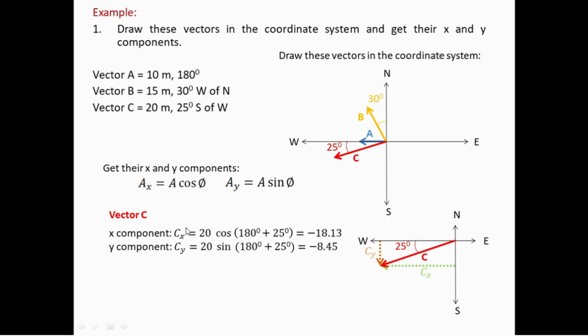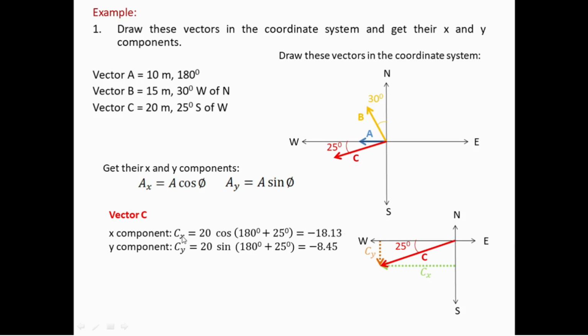Therefore, to calculate the x component of vector c, we have here the 20 meters, which is the magnitude of vector c, times the cosine of 180 degrees plus 25 degrees, and this should give you a negative 18.13 meters x component.